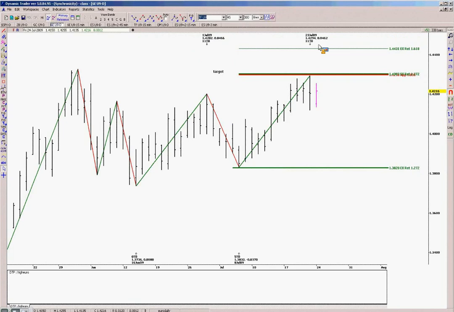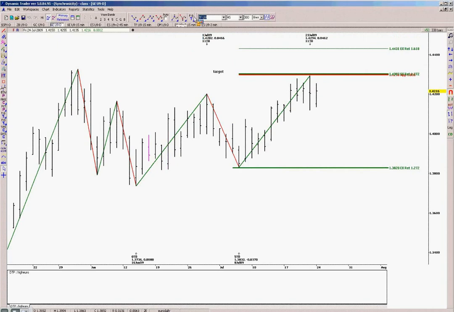It wasn't equality, but it was similarity in the swings in price. So you've got equality in time and similarity in price. Do you want to look for a change in trend? Absolutely. So in this case, this is the setup. It is counter trend. But if you can go to a chart where you can see a shift in pattern where the trend changes, then you have a relatively low risk trade setup.